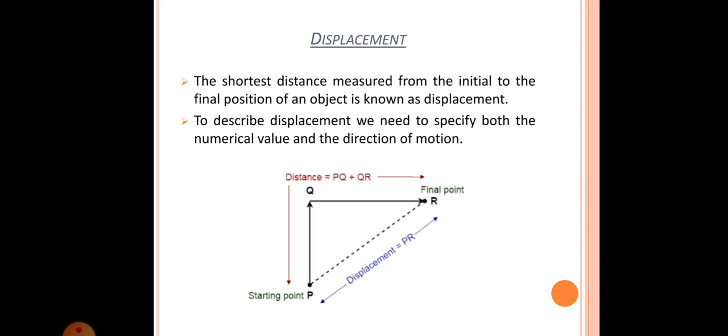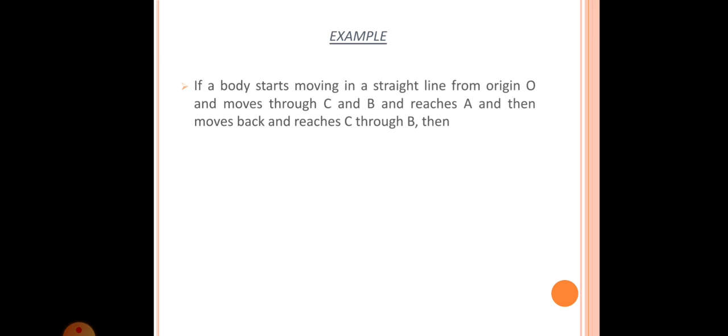But for displacement, the shortest distance between the starting point and the final point is PR, so the displacement will be equal to PR. The dotted line represents your displacement. Now let's take an example to understand more about distance and displacement.